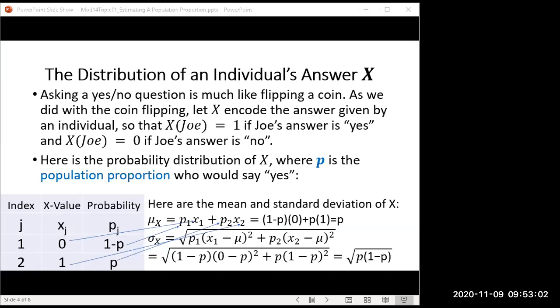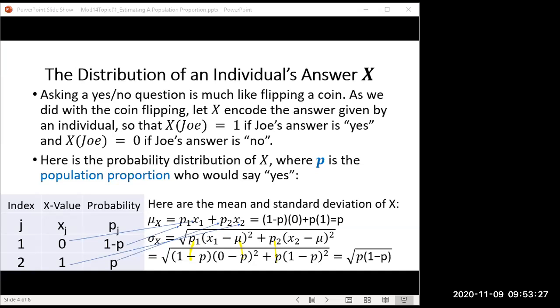The expression is a little bit messy. I replaced the p1 with the 1 minus p, and I replaced the p2 with the p, and I'm replacing the mu. We worked out in the previous step that mu is p.